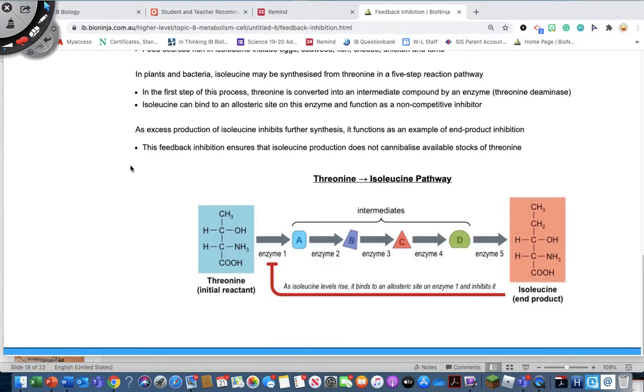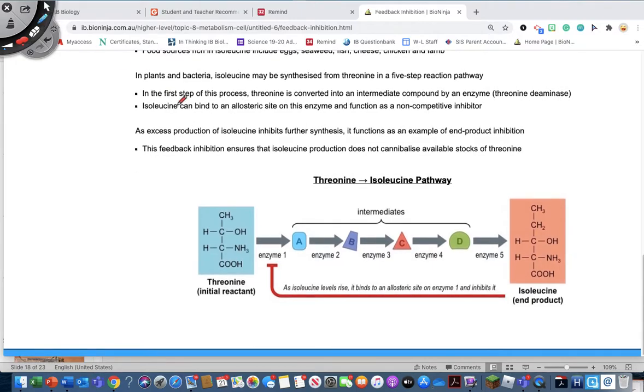So let's move further up here. In the first step, threonine is the initial reactant, and notice that it's converted to a few intermediates, as you can see here. It's regulated by enzymes, as all chemical reactions mostly are. The first enzyme here that converts threonine into intermediate A is called threonine deaminase.